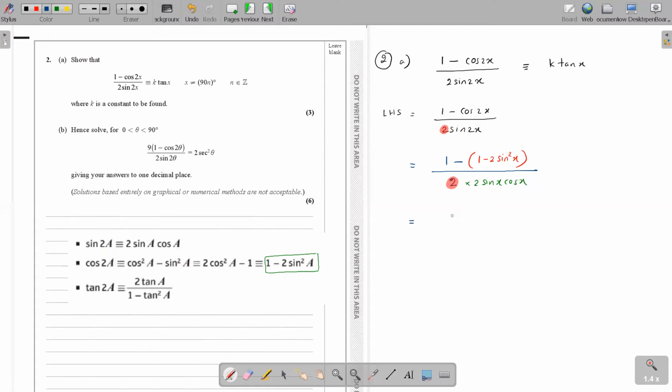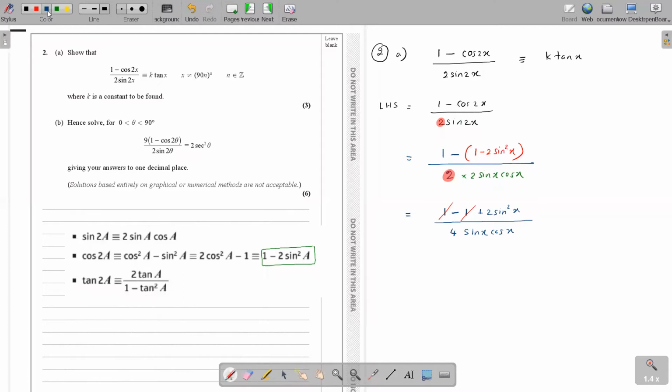Right, so then we get 1 minus 1, let me write, minus 1 plus 2 sin squared x, over 2 times 2, 4 sin x cos x. As you can see, the 1 and 1 cancel off, leaving 2 sin squared x over 4 sin x cos x.